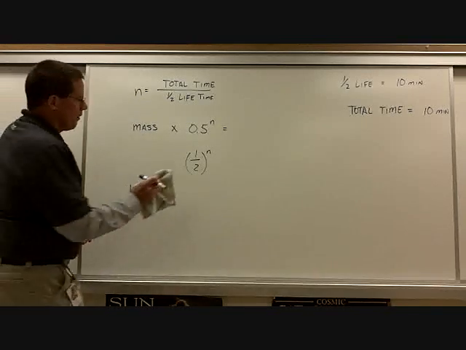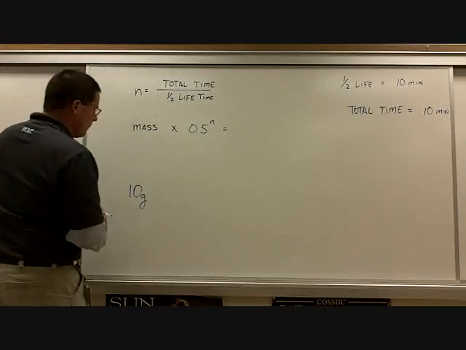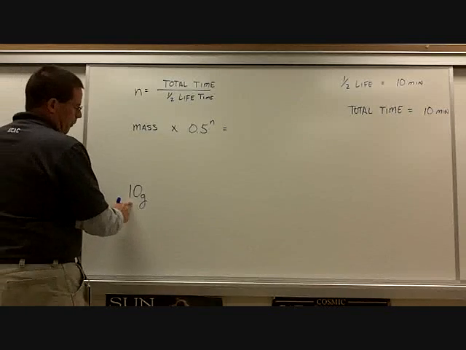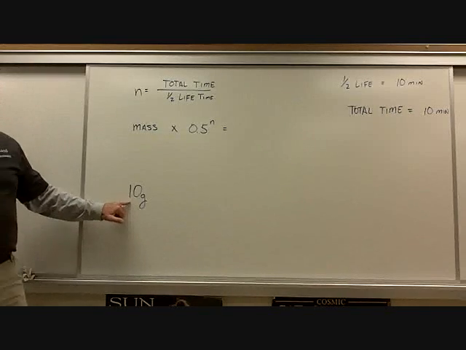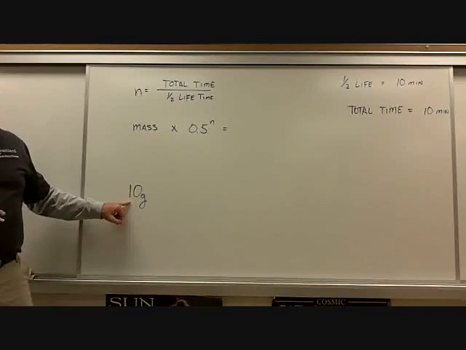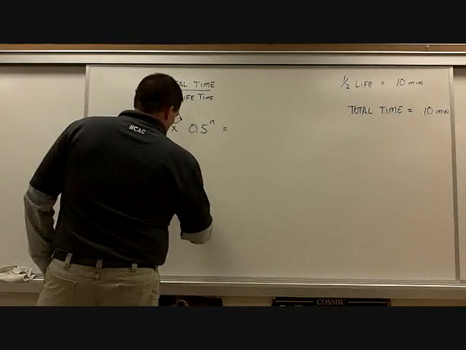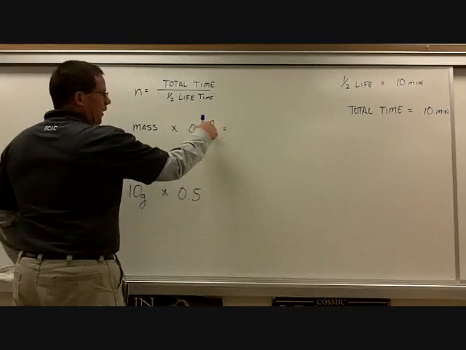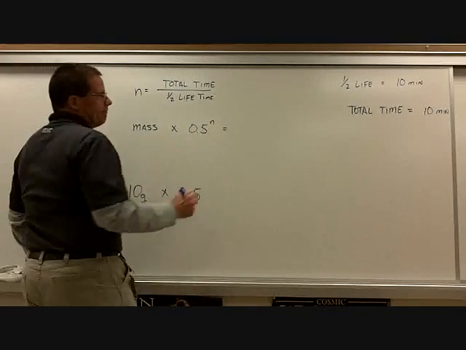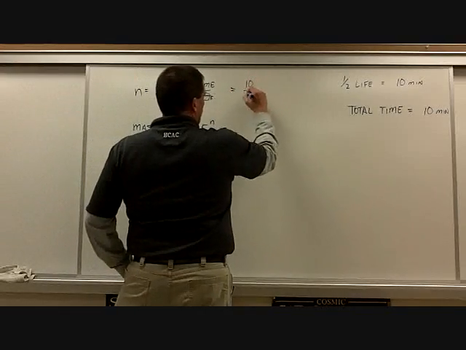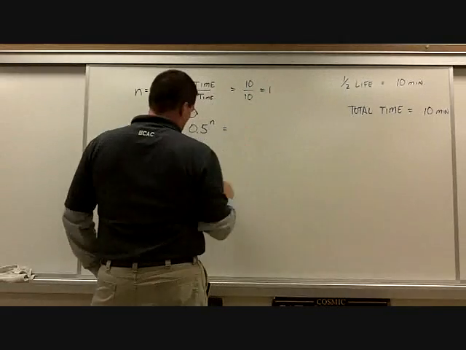Let me erase that for a moment. If I start with 10 grams, that's my original, and you may hear this term, parent nuclei. That's how much of the stuff that we start with. Times 0.5. Now we have to figure out what n is. 10 divided by 10 is equal to 1.